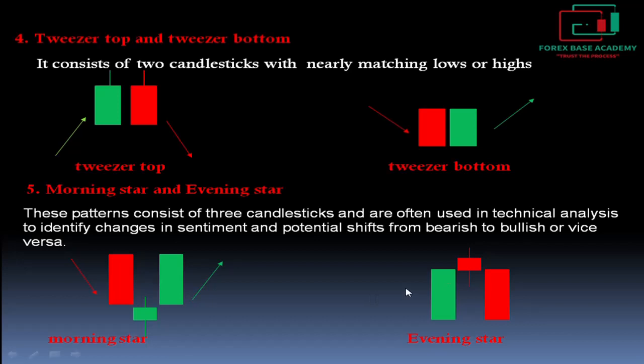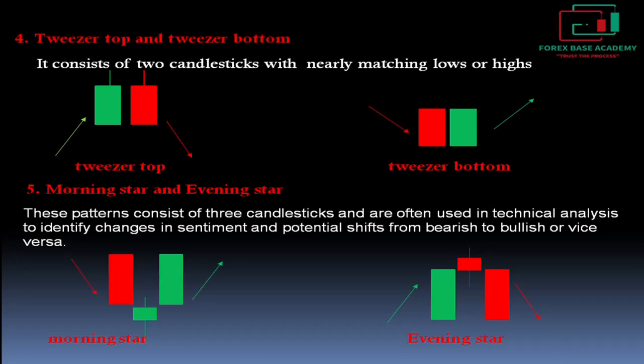So we have the evening star. The evening star is the opposite of a morning star. It is shown by the bullish candlestick, or that bullish movement, showing that the market has been in an uptrend, and then we see another small candle forming, and then we see the third candle forming to mean that there is going to be a selling pressure.